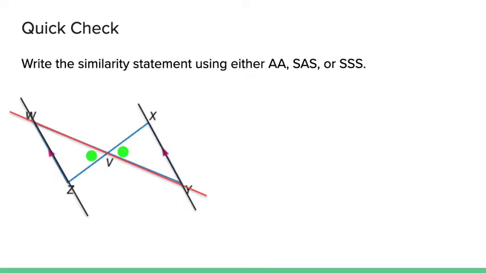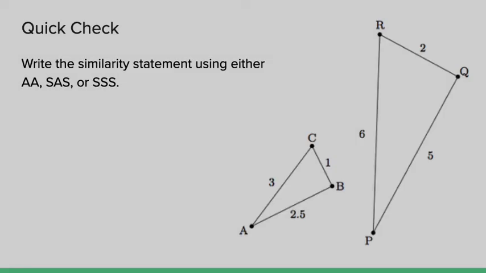And you know that alternate interior angles are congruent. So we actually can state that these two triangles are in fact similar by angle, angle similarity. Triangle WVZ is similar to triangle YVX.